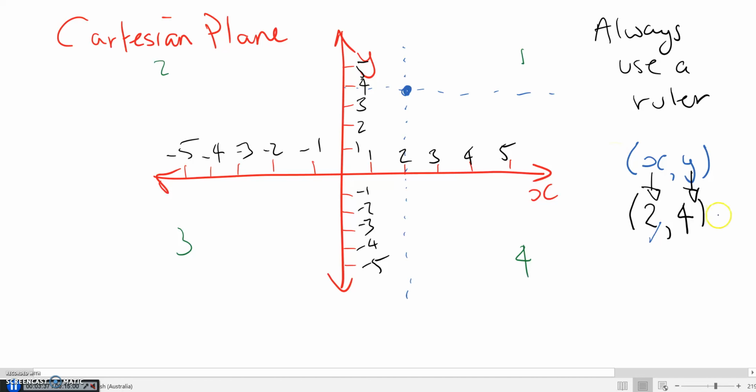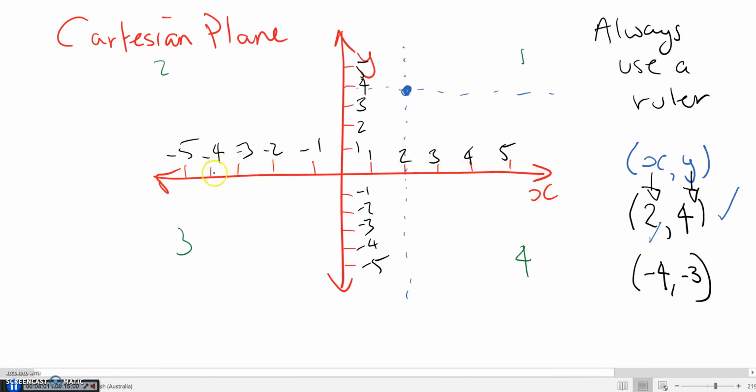If we want to look at another coordinate point, let's go into quadrant 3 this time. We would look at maybe negative 4 and negative 3, just to be a bit different. Okay, so negative 4, negative 3. On the x-axis, we go looking for our negative 4. So there's our x-axis, it's this one here.